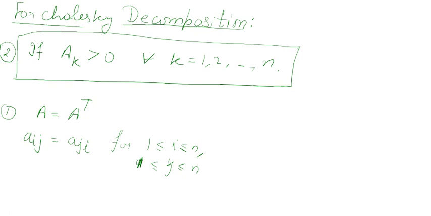So first you need to check whether the matrix is symmetric, then you can go for checking whether all the leading principal minors are strictly positive or not, to verify whether the given matrix is positive definite or not. Then if these two conditions are true, you can go for finding the Cholesky decomposition for the given matrix.